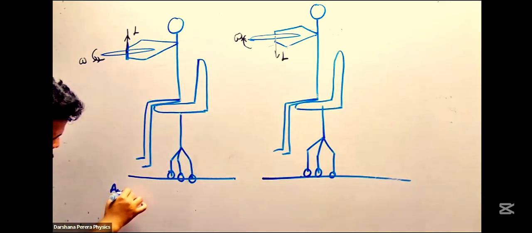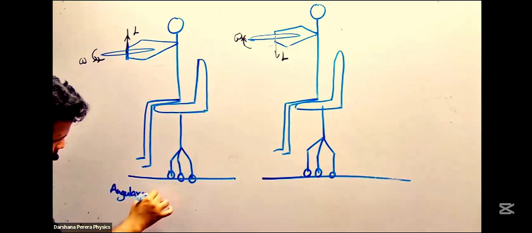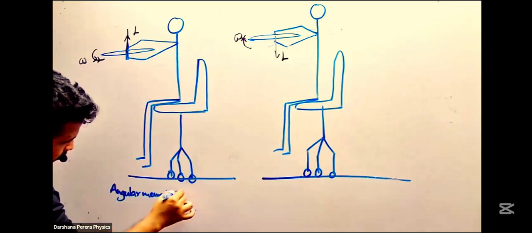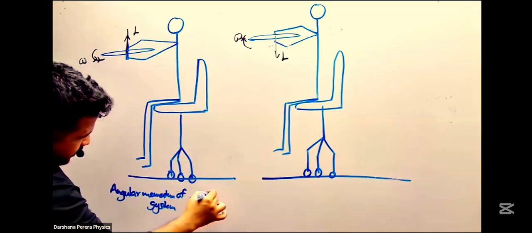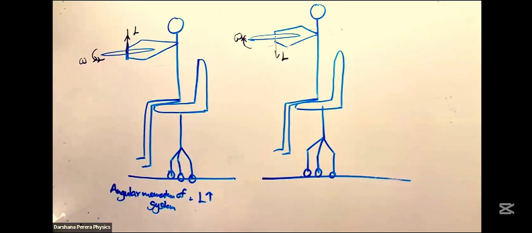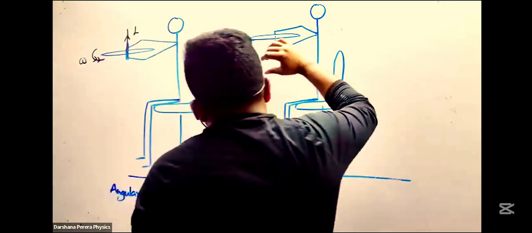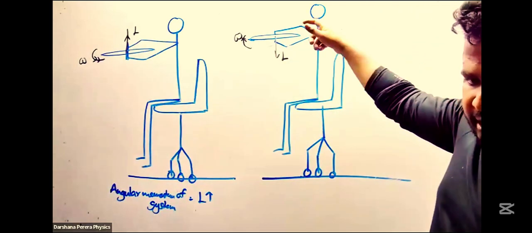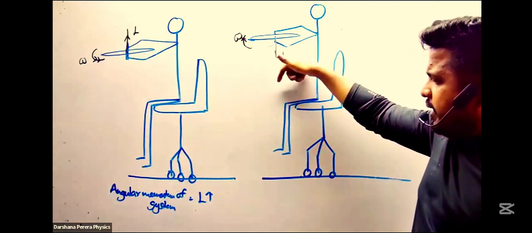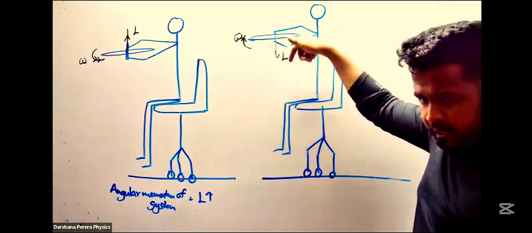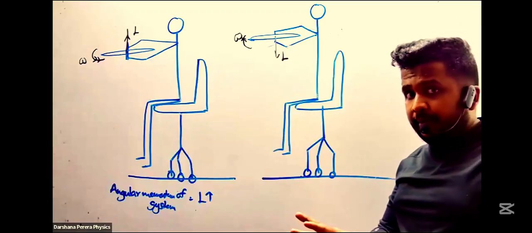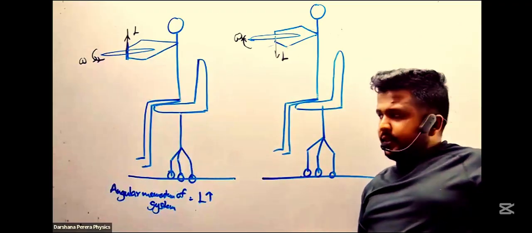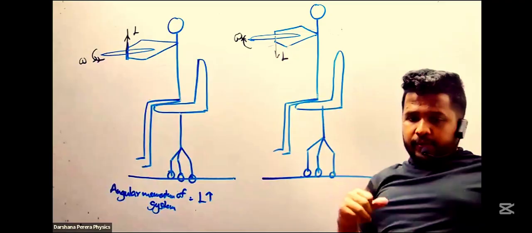Why? The angular momentum of the system was L in the upper direction. Now the angular momentum of the wheel is in the downward direction. But angular momentum is conserved. That should be conserved.